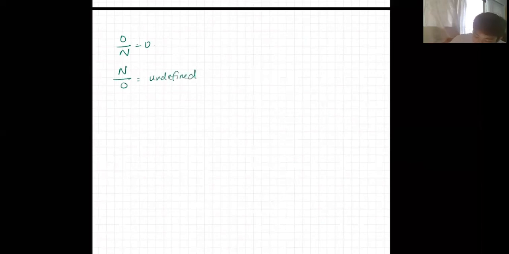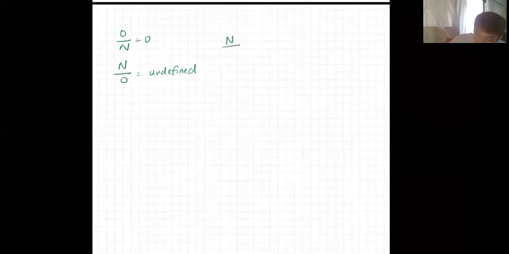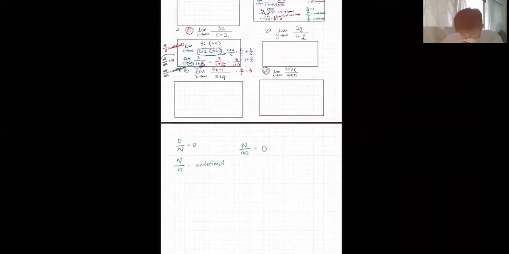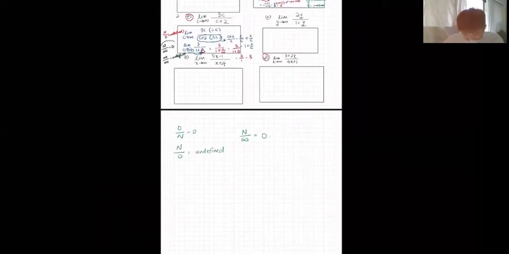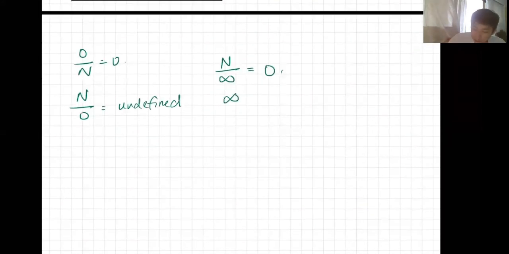Then what we have is n divided by infinity gives you 0. Don't forget this. Then infinity divided by infinity is undefined.